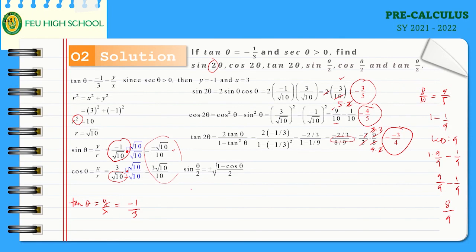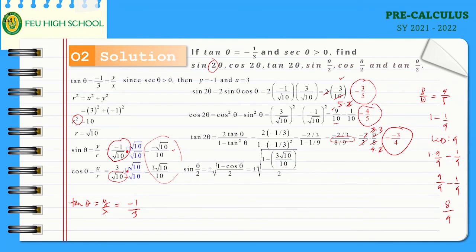Okay, then proceed naman tayo sa ating half-angle identity of our sine function. So, we can write it as the positive or negative of square root of 1 minus cosine theta all over 2. So, substitute lang natin. Okay. This time, yung ginamit natin, yung rationalized version ng ating cosine theta.